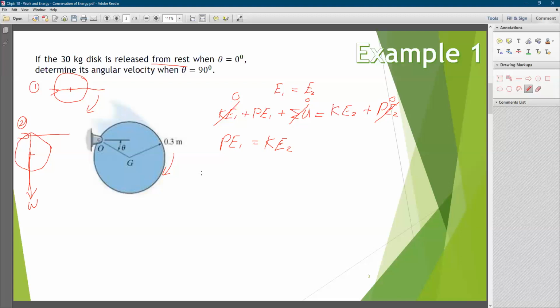It's just the W, this is mg, and then the vertical distance, because point G initially is somewhere here, right? So it moved to this point. Let's say this is our h.